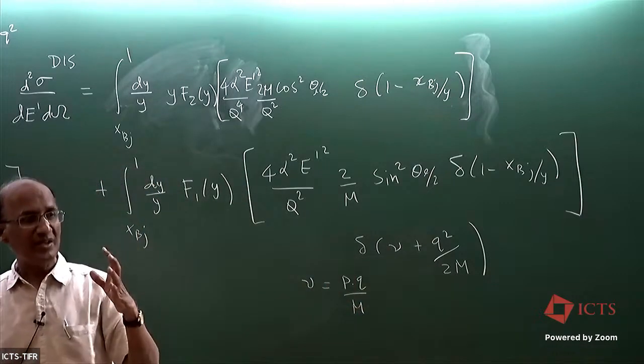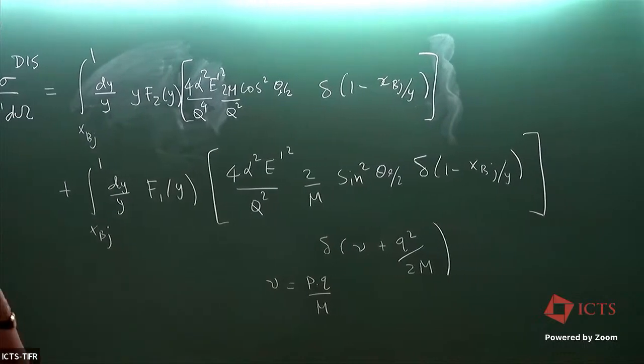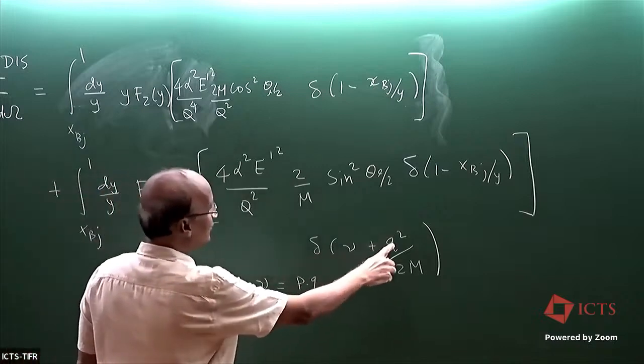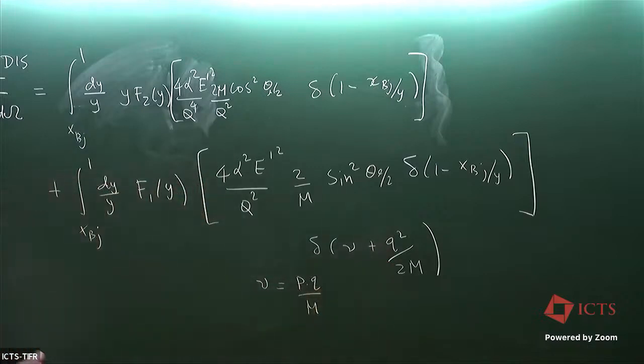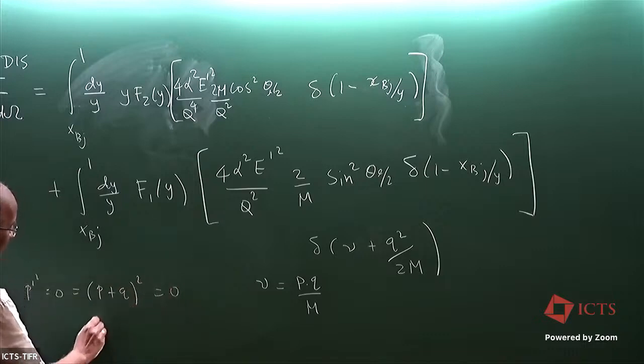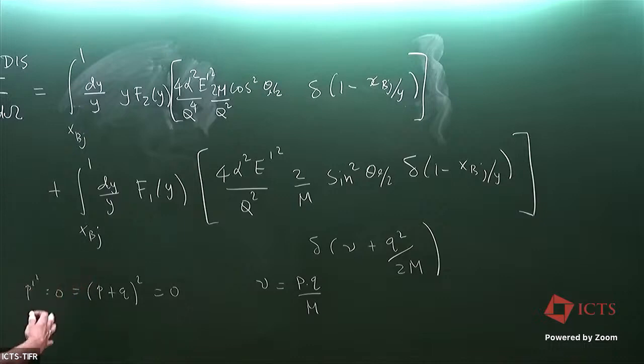So these two invariants were related simply by this relation. In elastic scattering, because of this energy momentum conservation, you have a relation relating q square as well as nu, because as you simply see, p prime square is equal to m square, so p plus q whole square equals m square.